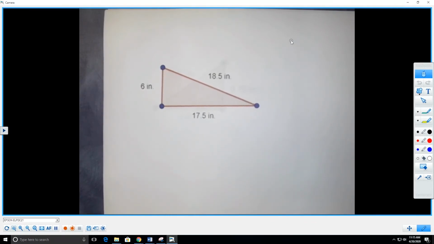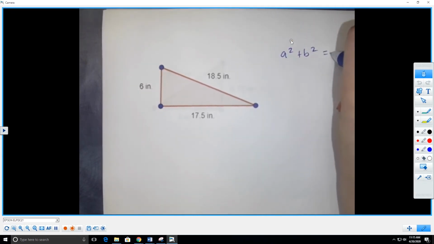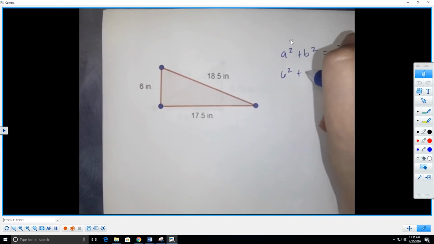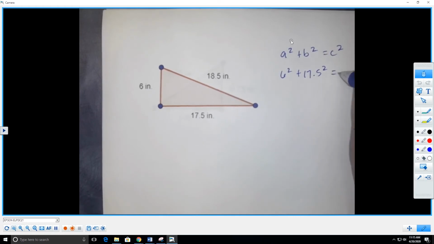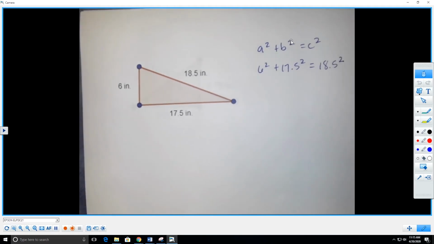We will substitute in and see if the resulting statement is true. Follow along with me. So I have a squared plus b squared equals c squared. Substitute in 6 and 17.5 for both of the leg lengths and 18.5 for the hypotenuse. Now simplify both sides and determine if the resulting statement is true or false.